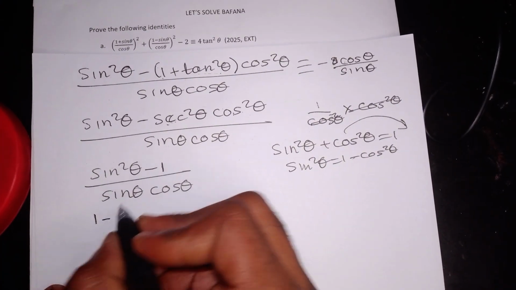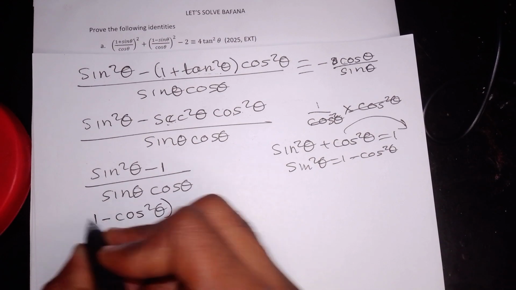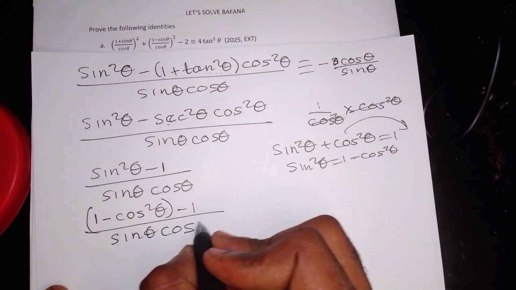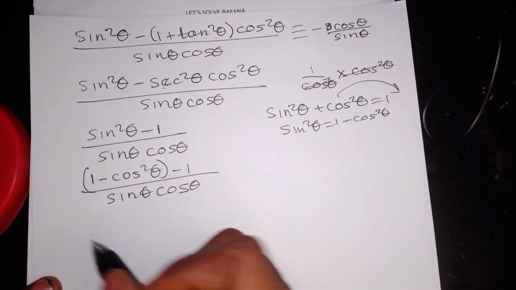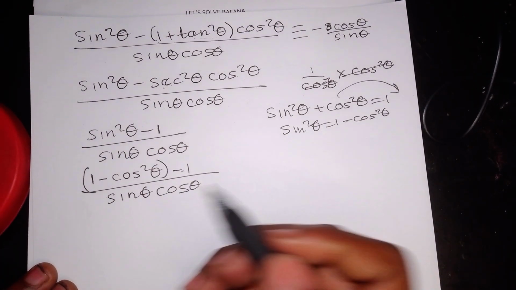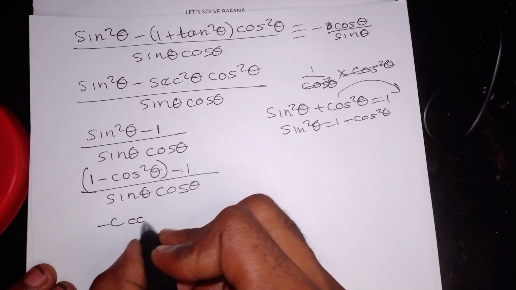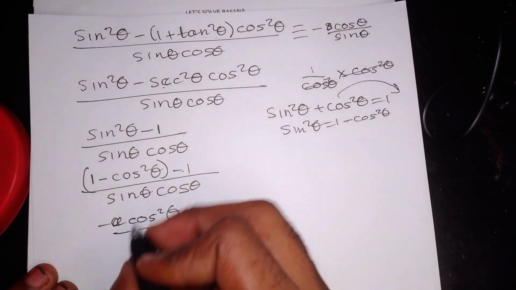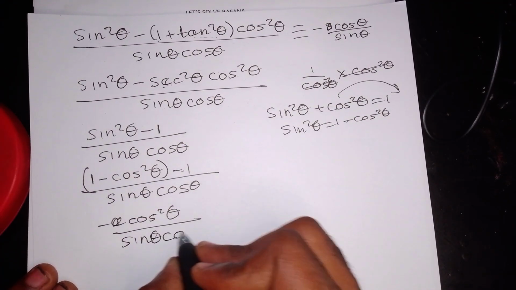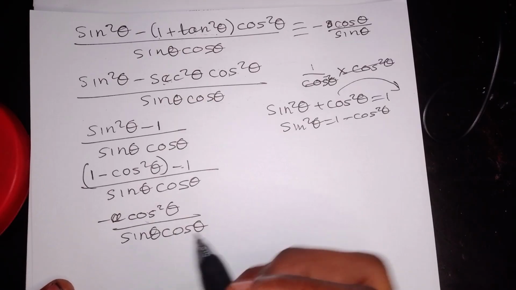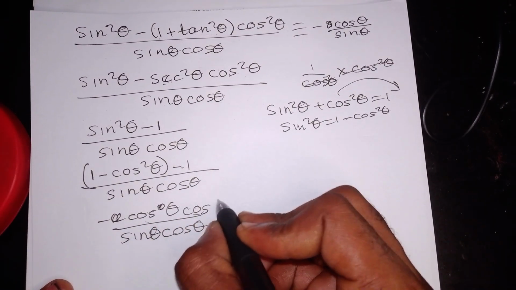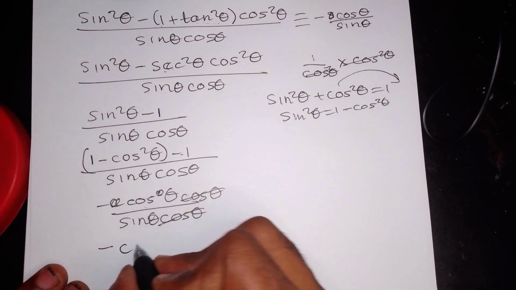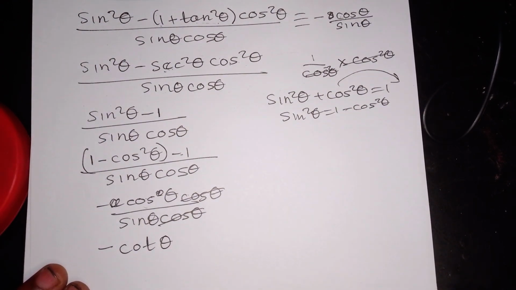So I have 1 minus cos squared theta, then minus 1, everything over sine theta cos theta. Then you can just remove the brackets and say 1 minus 1, that's a 0. So you remain with negative cos squared theta over sine theta cos theta. So you have two cosines here, which you can write like this, and then one can cancel out with the other, so that you have negative cot theta as required.